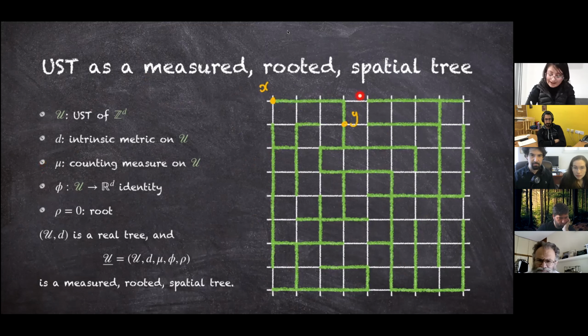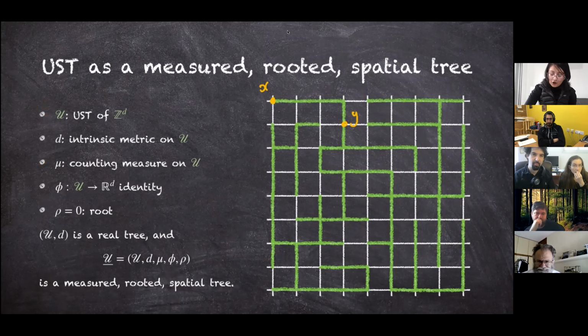And here it's already drawn, but I have a natural embedding. When I define the uniform spanning tree as a space, it is an abstract space. But we already know how to draw it, because there is a natural embedding of Z^d onto R^d, where we just take the identity over each one of the vertices to the vector with integer entries.